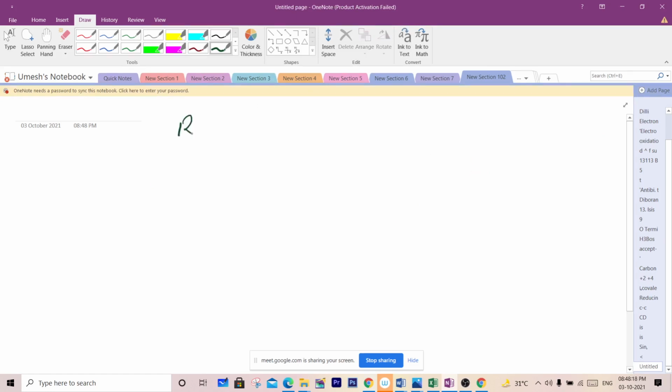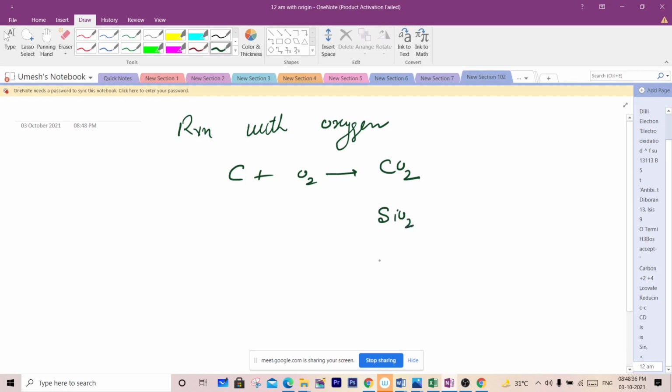Now talk about reaction with oxygen. Carbon plus oxygen gives what? Carbon dioxide, right? Silicon plus oxygen gives silicon dioxide. Then germanium dioxide, tin dioxide.